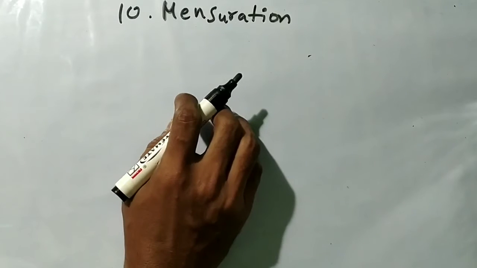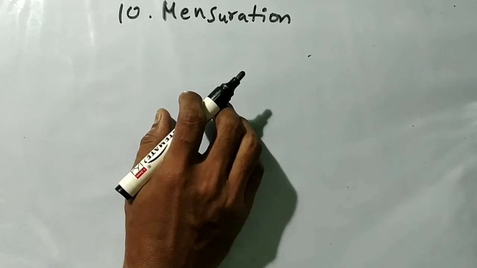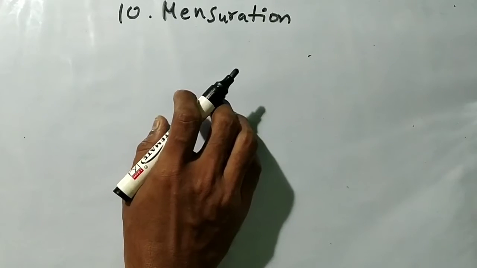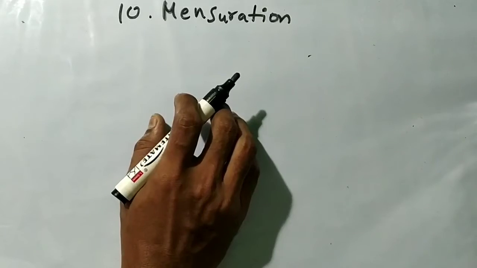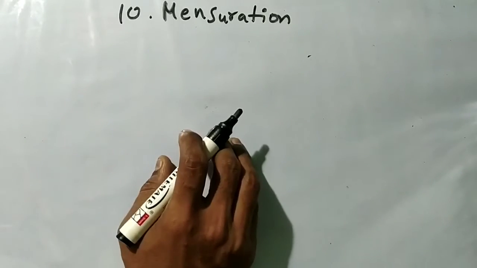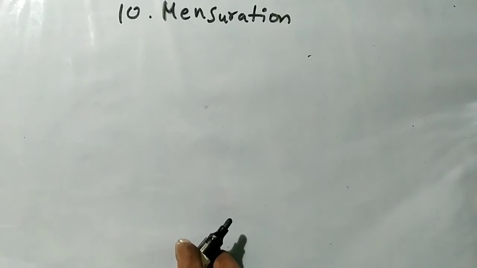Every formula, that is surface area, total surface area, curved surface area, and volumes, is so important that you should remember them. I have provided a link below the video from where you can download the image of the formulas table, and also there are tricks to memorize the formulas easily.